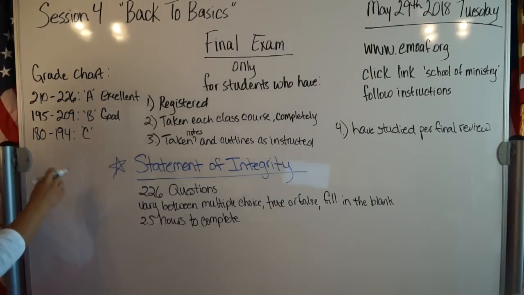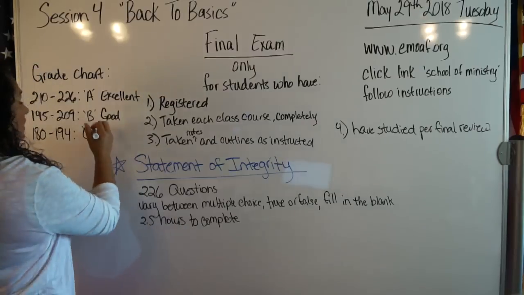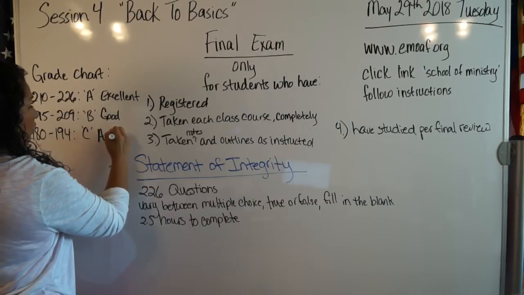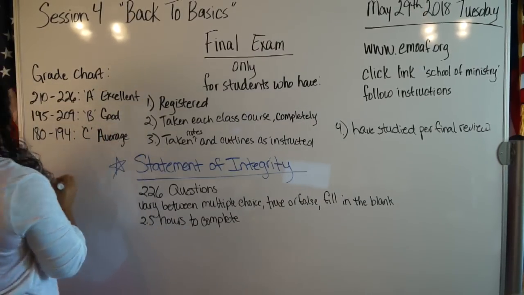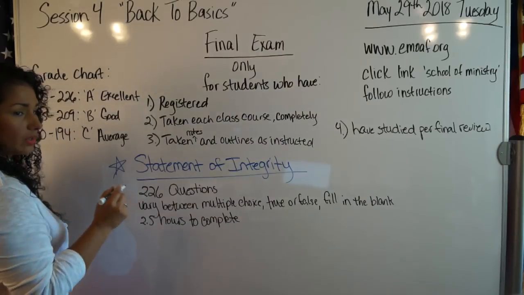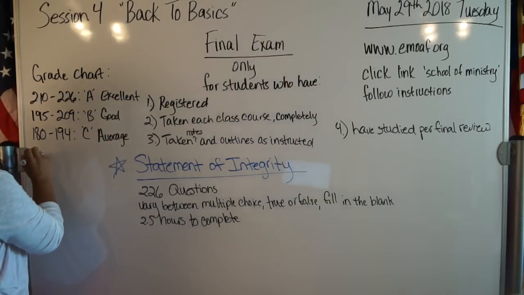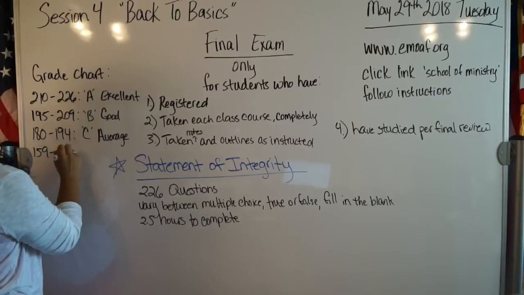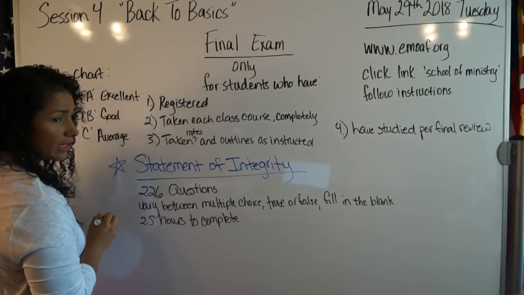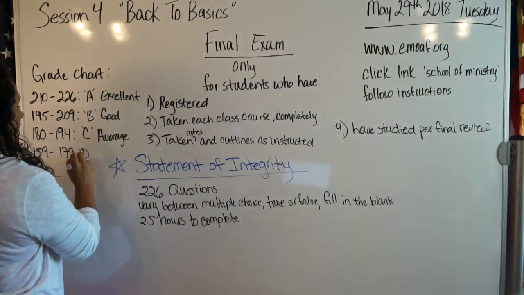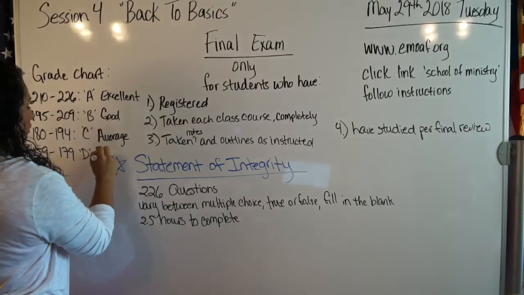A, excellent. B, good. C would be, you met the average required to pass the test. And if you answered 159 to 179 answers correctly, that is a D. However, it is still a passing grade.